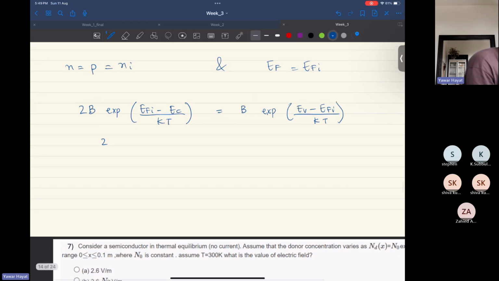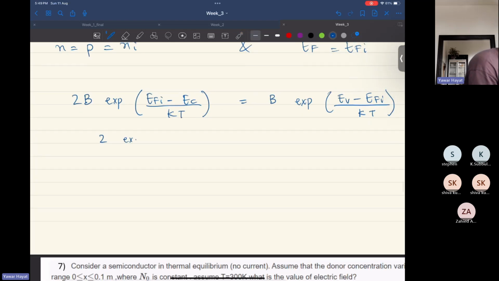B and B won't be there now. We'll be left with, let's take this exponential here. This would be exponential of (EFi minus EC minus EV plus EFi) all divided by KT, right? That is equal to 1.